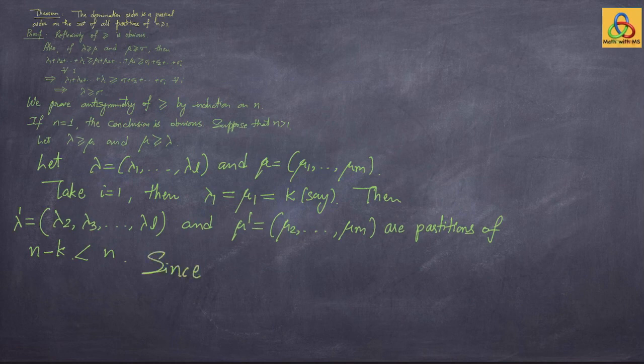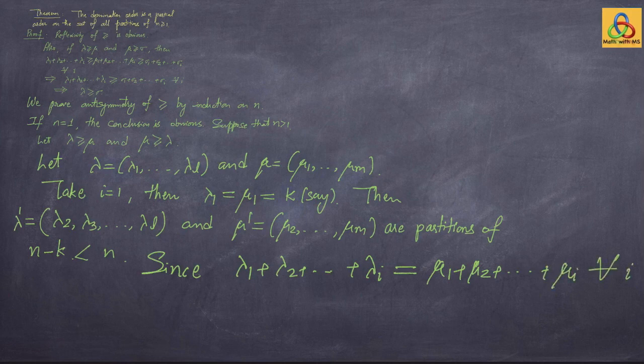Now since lambda 1 plus lambda 2 plus so on plus lambda i is the same as mu 1 plus mu 2 plus so on plus mu i for every i, because we are given that lambda is bigger than or equal to mu, so therefore lambda 1 plus lambda 2 plus lambda i is bigger than or equal to mu 1 plus mu 2 plus mu i and vice versa. So therefore they are equal for every i.